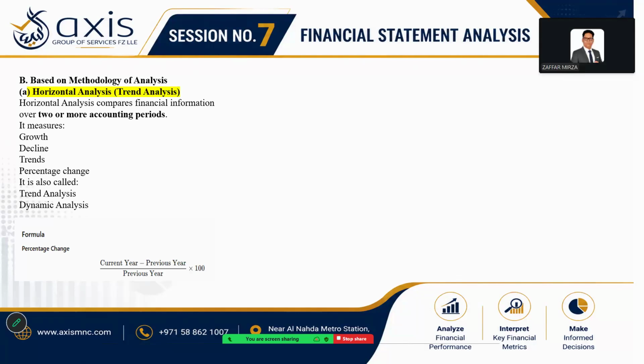Mariam, Mohammed, Mohammed Hussain, Imamuddin, Hasan, each repeats: current year minus previous year divided by previous year into 100. Very good.